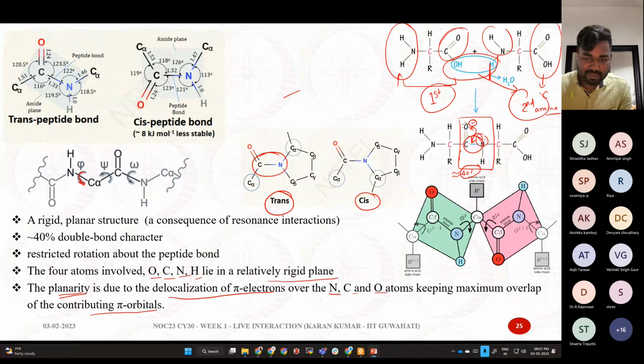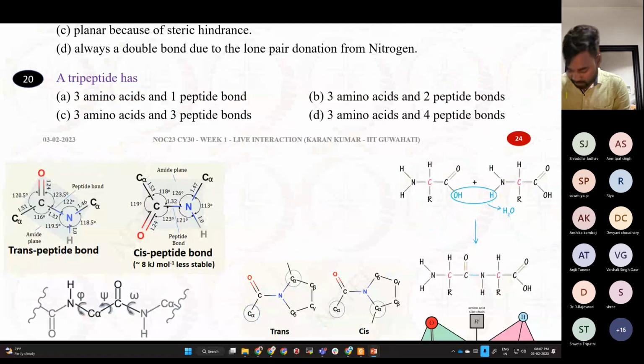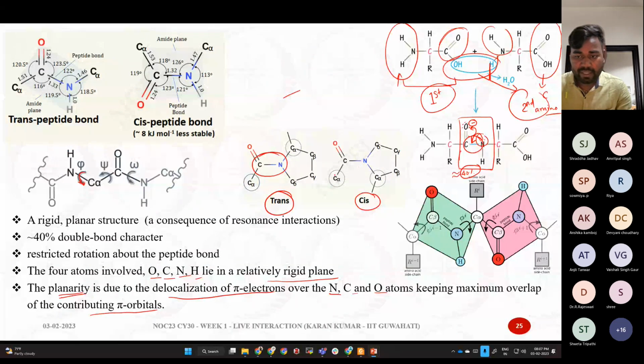Now the next question was: when there exists a proline as the next amino acid, in which form will it exist? Normally the C alpha will be attached to the R group, right?